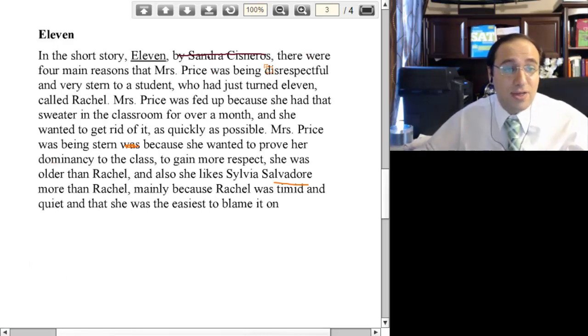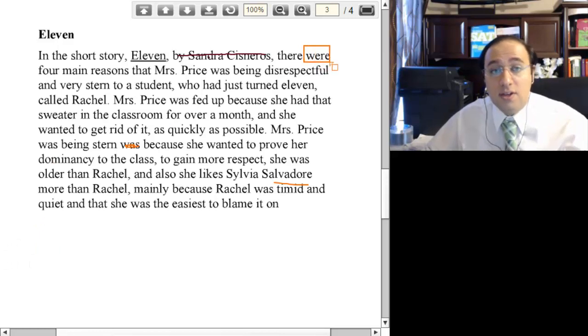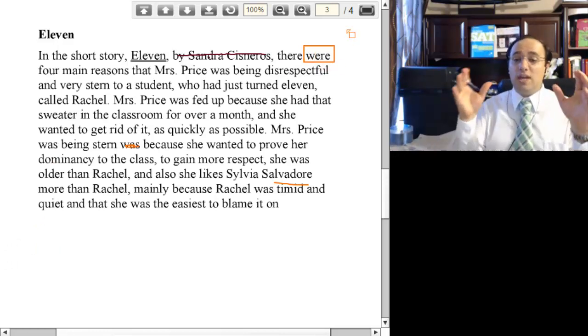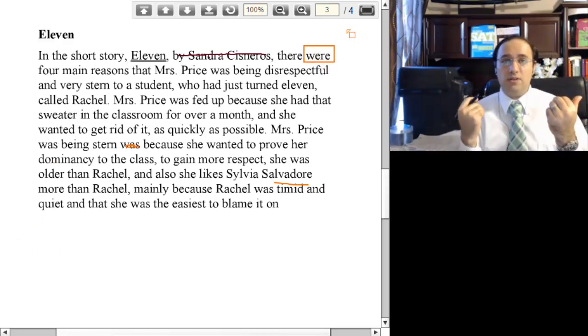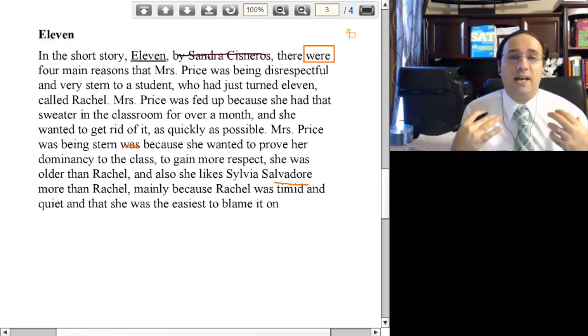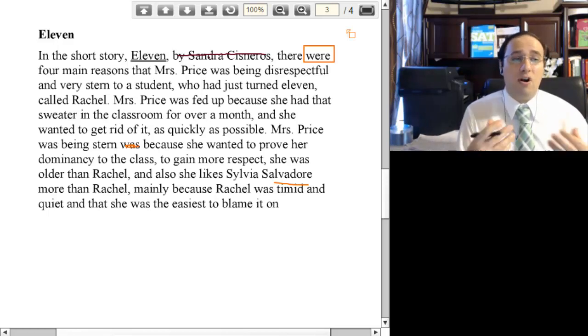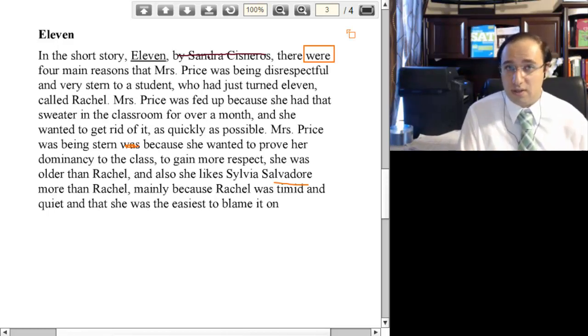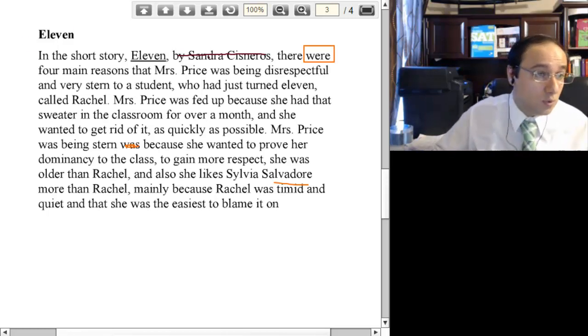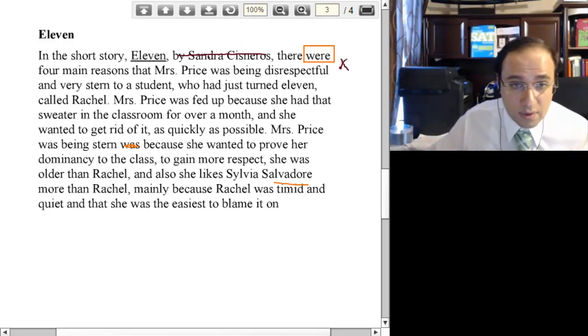You see here you said there were four main reasons. So, should you say in the story there were four main reasons? Or are the reasons actually your opinion? If it's your opinion right now, which is the way it should be, then you can say "in the short story 11 there are four main reasons that Mrs. Price was being disrespectful." So this, I believe, would be a wrong tense.